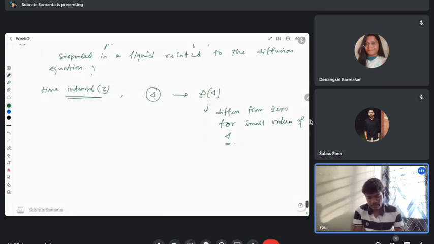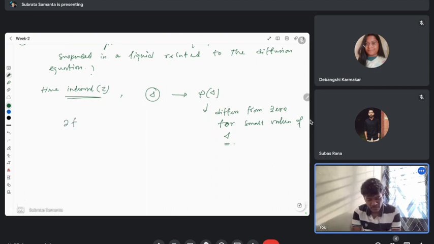Then we can use a Taylor expansion, and finally we get the equation del f by del t equals D times del squared f by del x squared, for both x and t, where D is the diffusion constant. So we make these assumptions and end up with this equation.